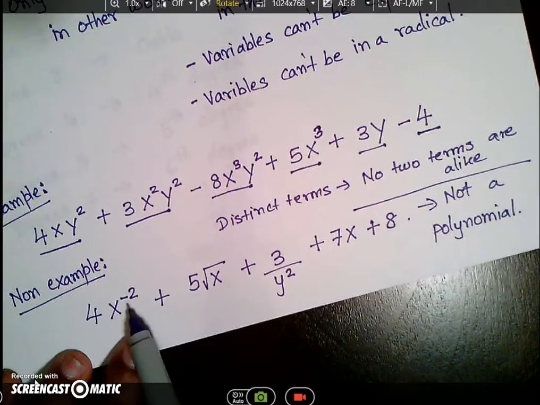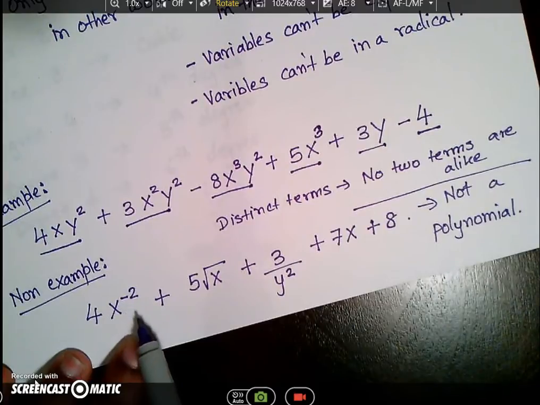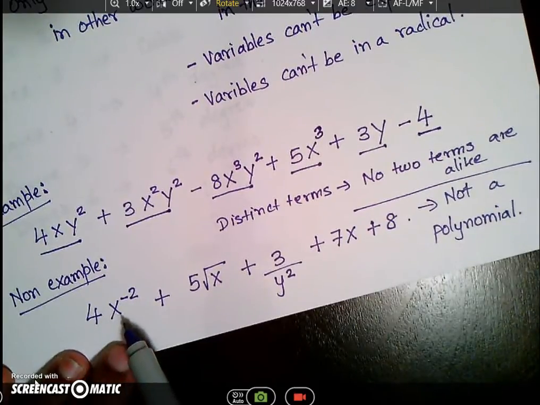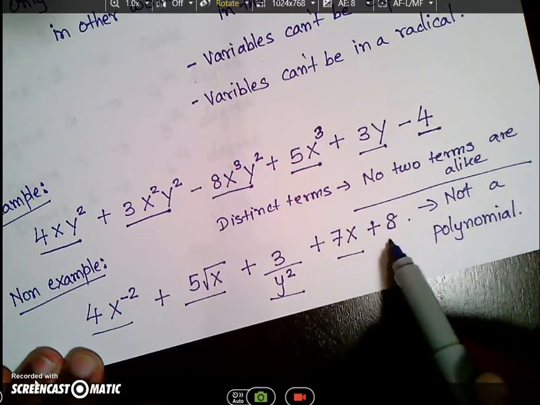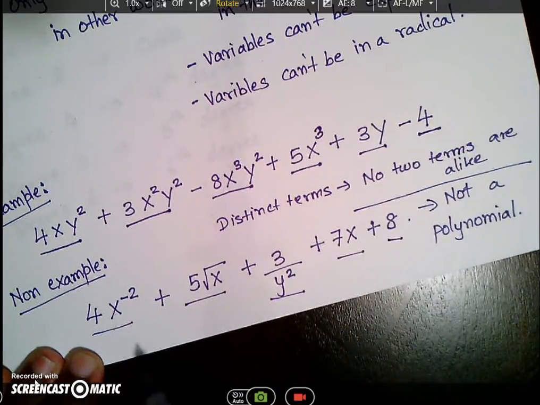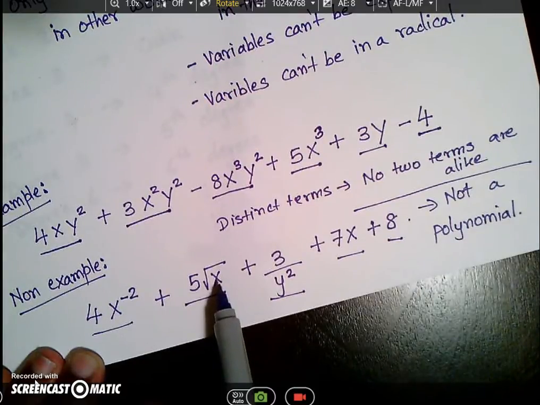Non-example, an example for something that is not a polynomial. As you look at this, this is also having 1 term, 2, 3, 4, and 5 terms in it. This has a negative exponent, so this is not part of a polynomial. This variable is in a radical symbol.